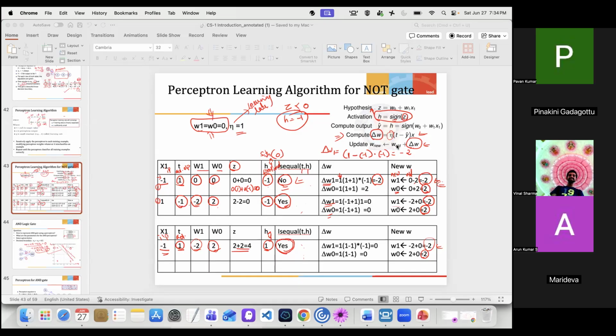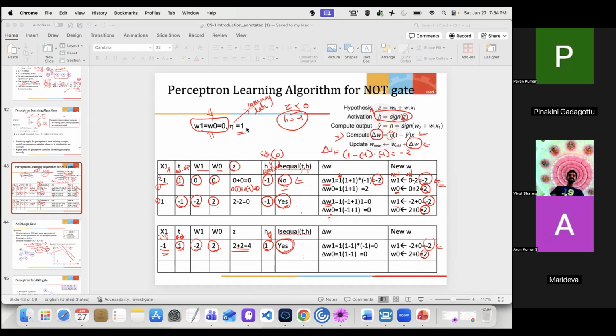Here W new equals W old plus delta W. If you see here, eta is 1, so we are not scaling; whatever the difference is, we just apply it. Eta can be 0.2, 0.4, 0.5 also, so that we don't make big changes.